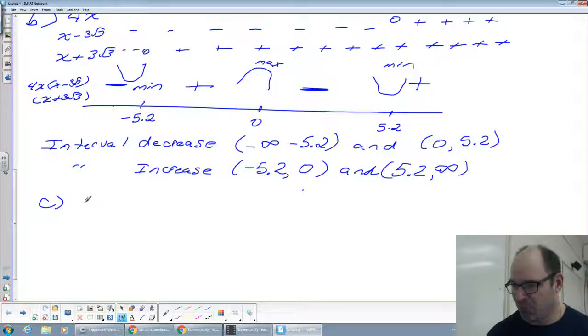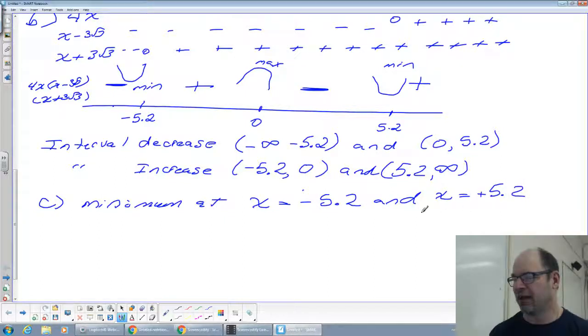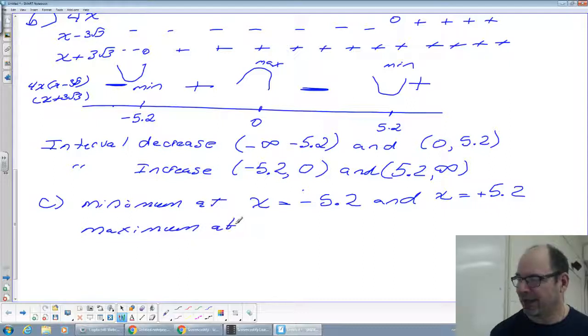So there's a minimum at x equals negative 5.2 and x equals positive 5.2. We could check that using the second derivative test as well if we wanted to. There's lots of ways we can do this. And then we have a maximum at x equals 0.